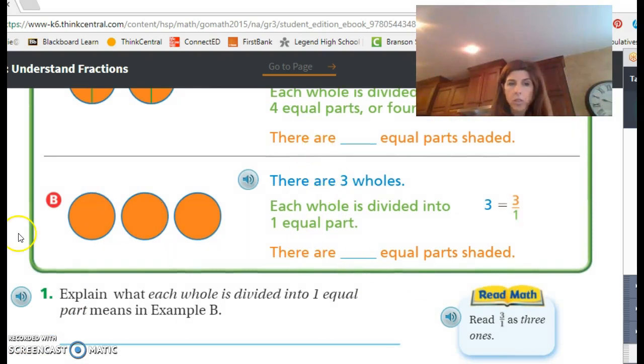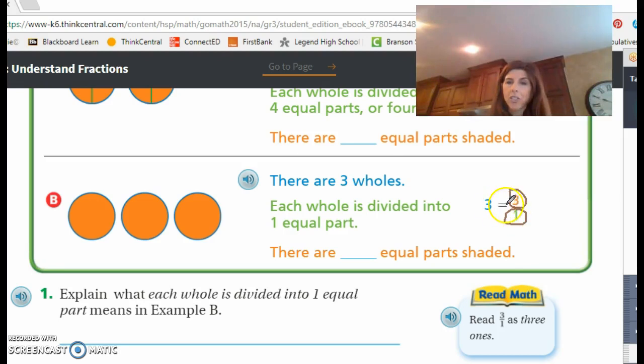There are 3 wholes, 1, 2, 3. Each whole is divided into 1 equal part. So they're all shaded orange. They're all divided into how many equal parts? Well, 1 whole. That's going to be your denominator, your bottom number. How many equal parts are there? There's 3.